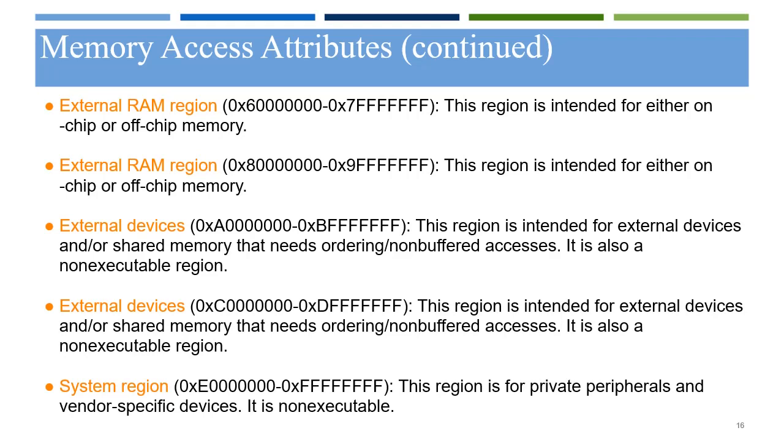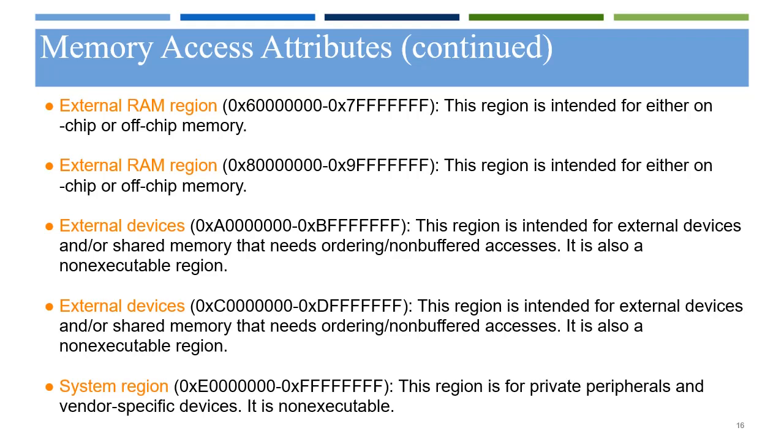Next we have external devices. Here again we have two external device regions, one which extends from A00 to BFFF, and another which extends from C00 to DFFF. Both regions are intended for external devices and shared memory that needs ordering or non-buffered accesses. They also are non-executable regions.